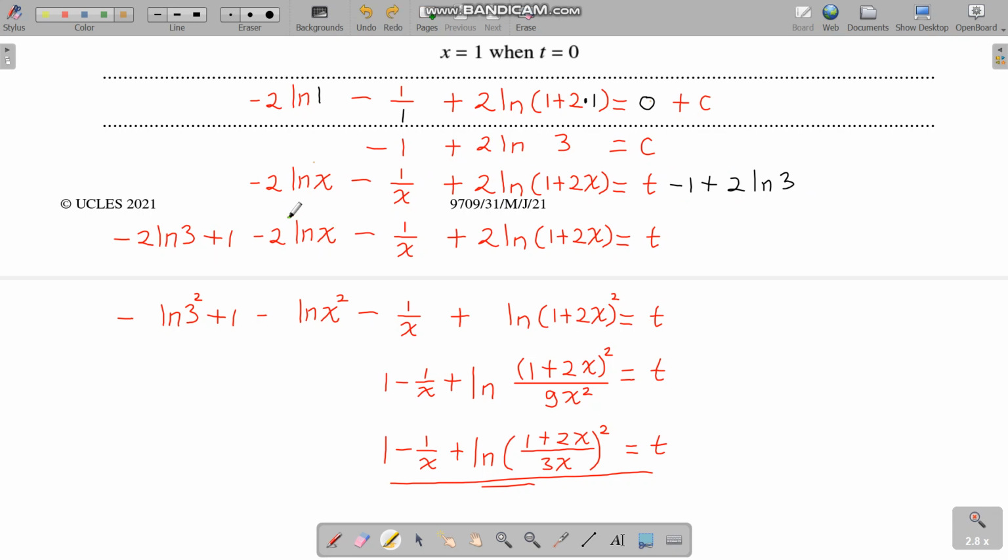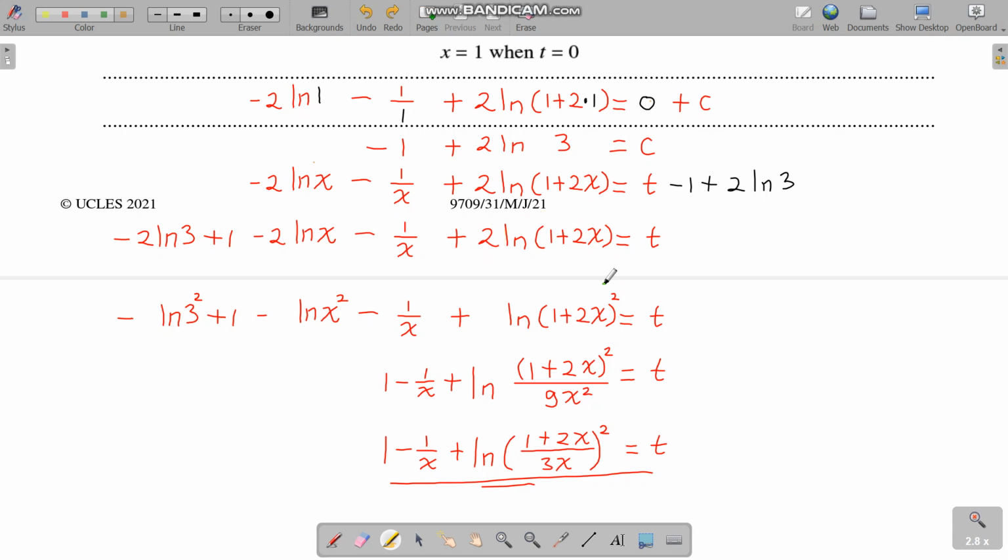Alright, and now we simplify. So first of all, we can move this 2 inside the argument. It becomes the power of the argument 3 here, so we get 3 squared. And we do the same thing with this 2, we move it inside, so we have x squared. Same thing with this 2 again, we move it here, we have square.